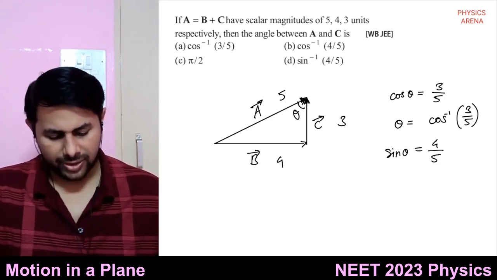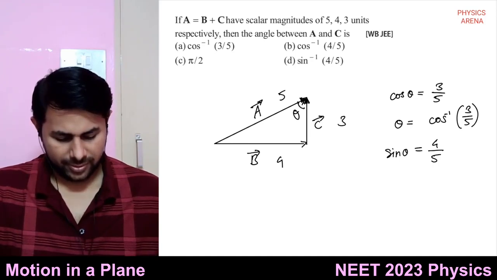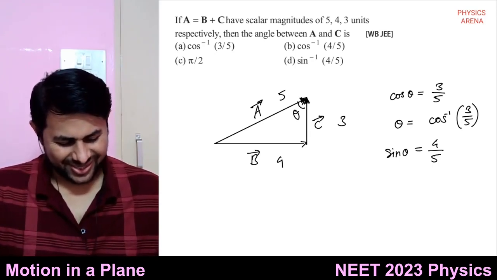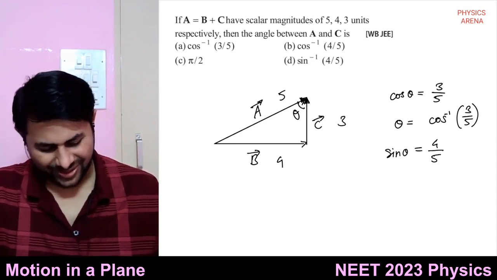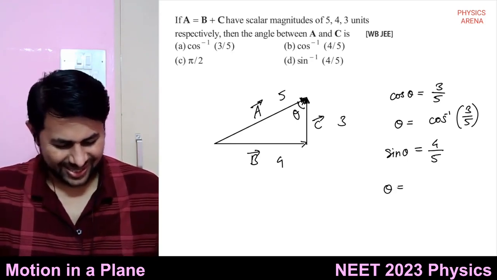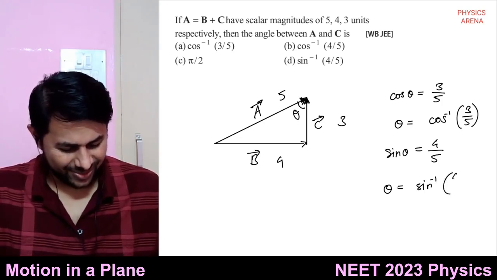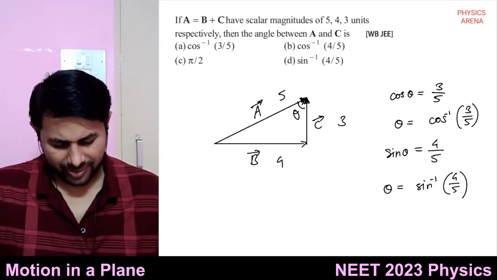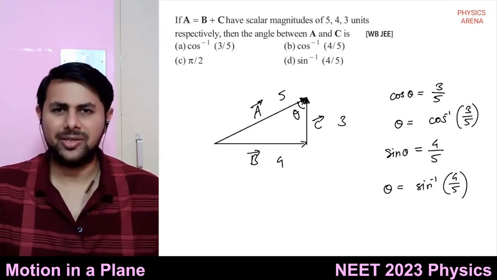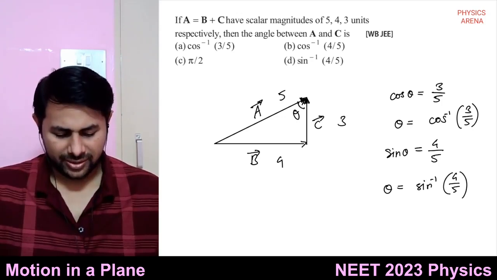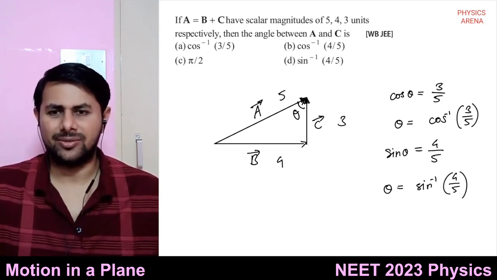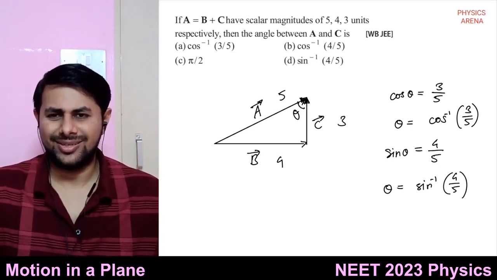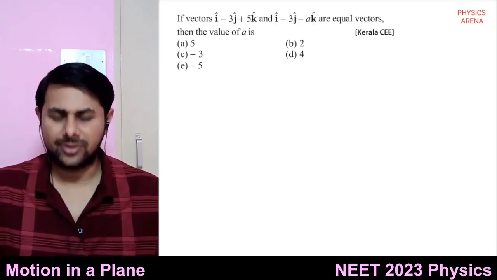It is sine inverse of 4 by 5. Oh, yes, option D is also correct. So theta is sine inverse of 4 by 5. So this is a more than one option correct kind of question, right? So let's move on to the next question.